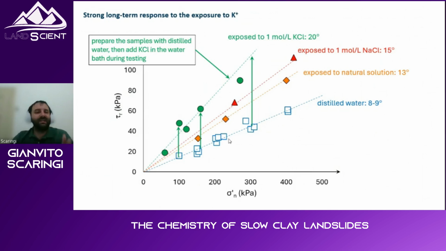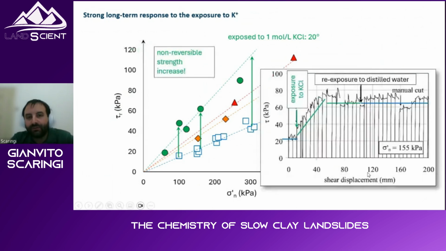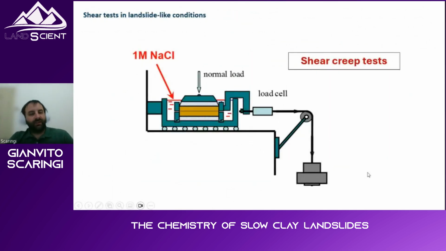There is the possibility to replace the pore fluid with something else, potassium instead of sodium, and obtain incredible strengthening up to 20 degrees of friction angle, which is a suggestion, a way to possibly stabilize this landslide.